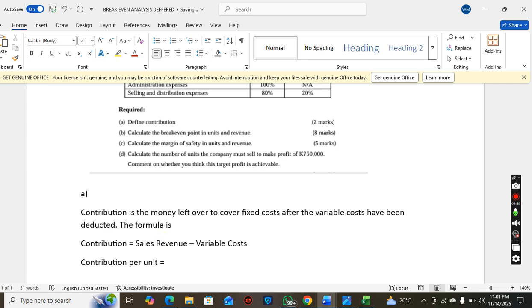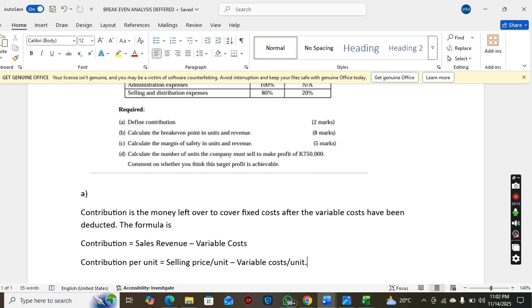It's your selling price per unit minus your variable cost per unit. Any questions? Any queries?